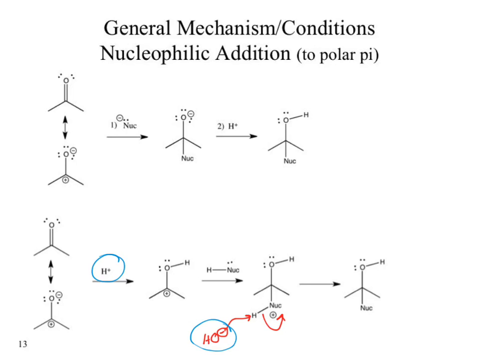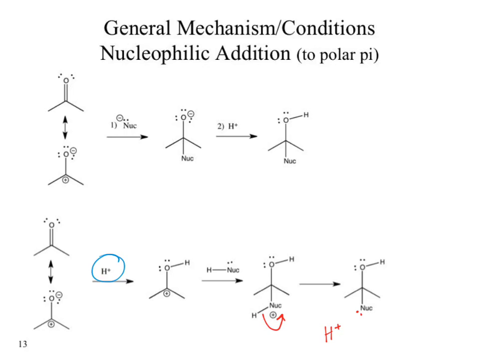So what would be the best way to show that? The best way to show that bottom reaction is exactly like that. The electrons between the hydrogen and the nucleophile go to the nucleophile. I should have drawn that product a little bit better. You'd see the lone pair on the nucleophile, and you'd see an H plus out here. Typically, just as was drawn here, we don't see the H plus.